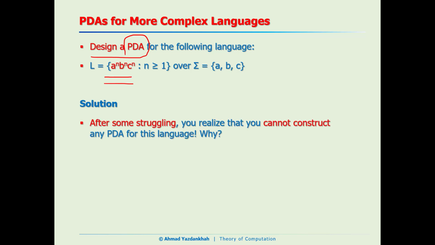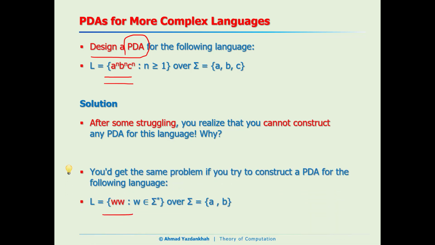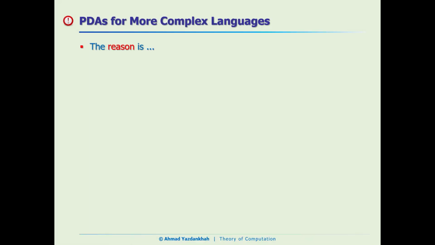Yeah, after some struggling, we find out that we cannot do that. And the same thing for the WW. This language cannot be recognized by PDAs. So what is the reason? Because the stack is not that flexible. What does it mean?